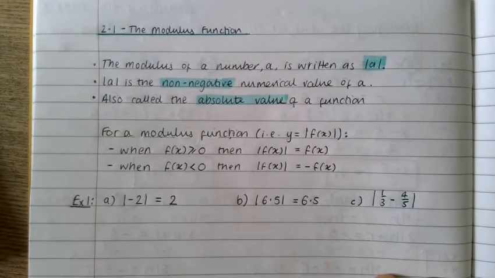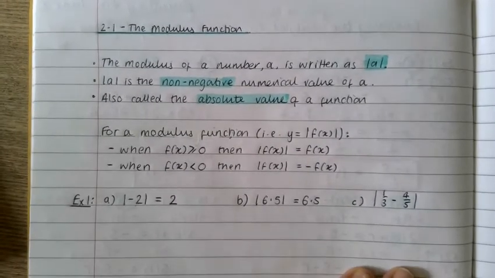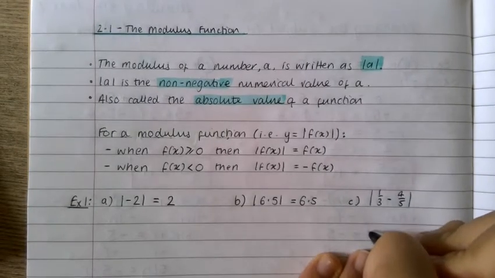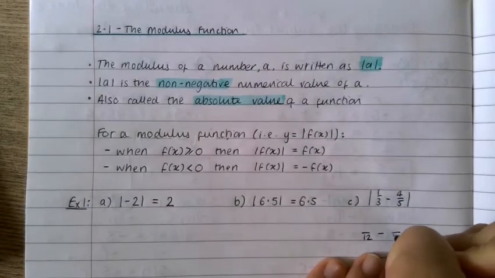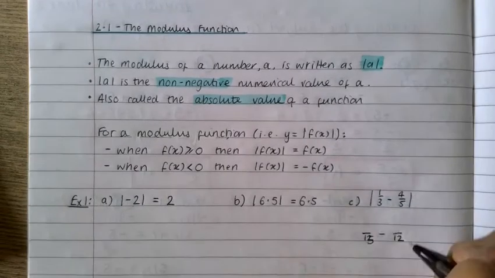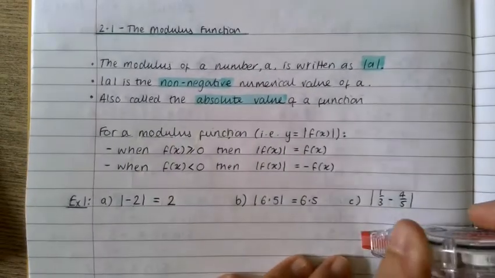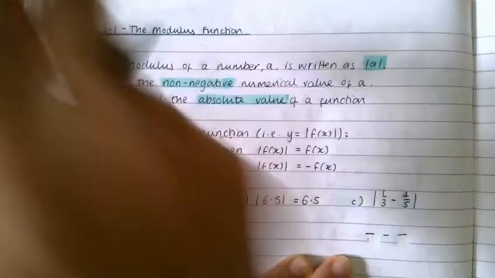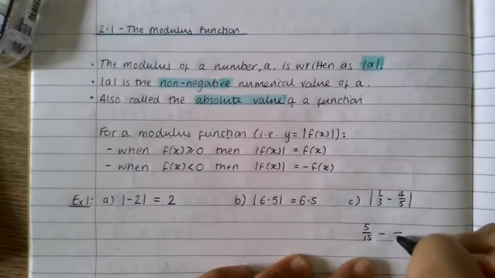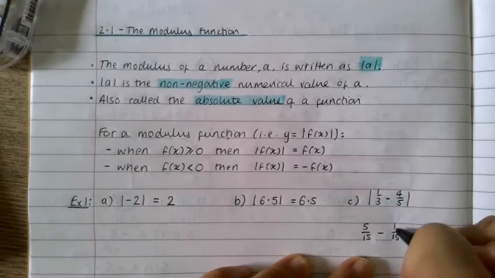So let me do that over here. We'll have to change our denominators, 3 and 5, both to 15. So we'll have 5 over 15 over here, and then we'll have 12 over 15 here.